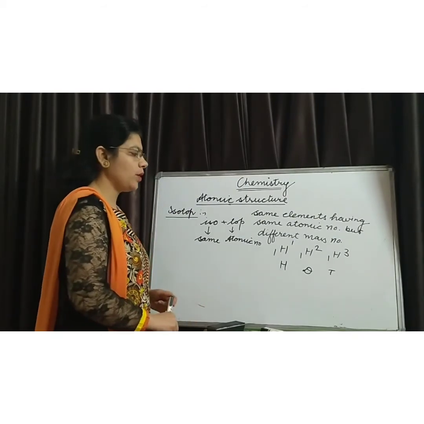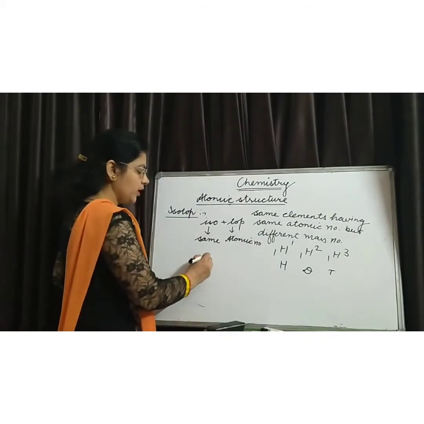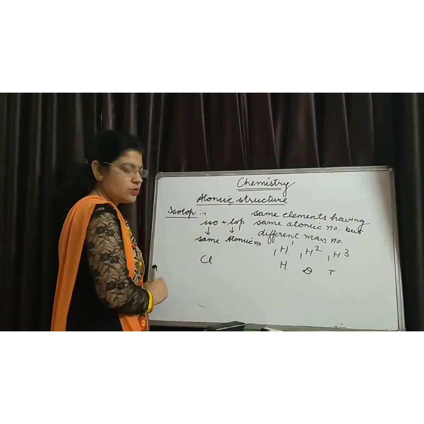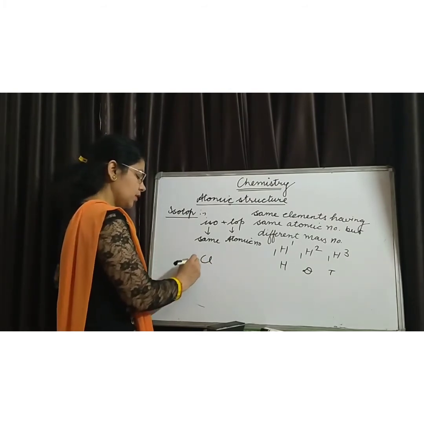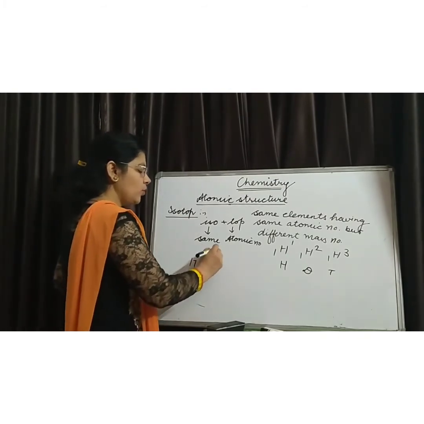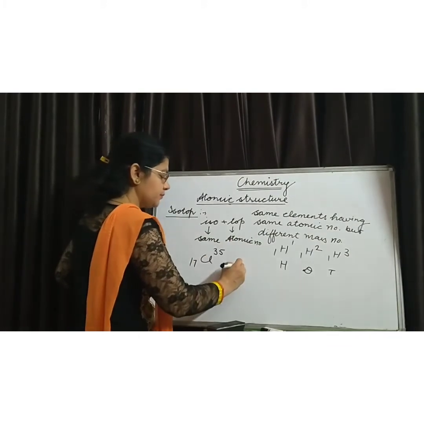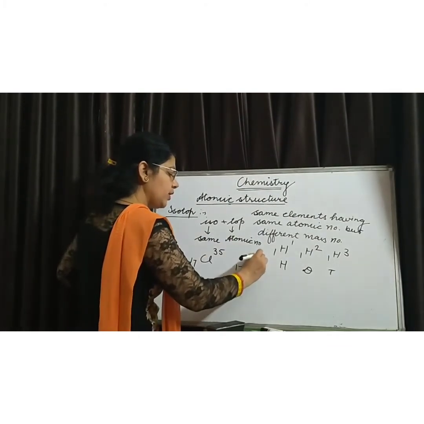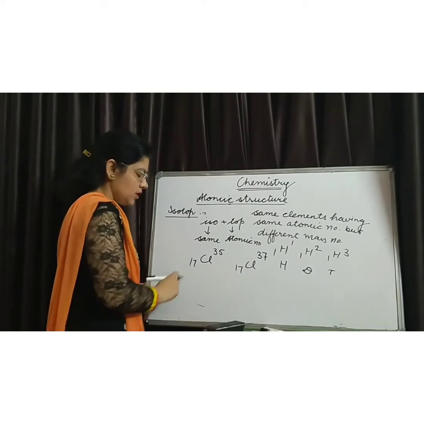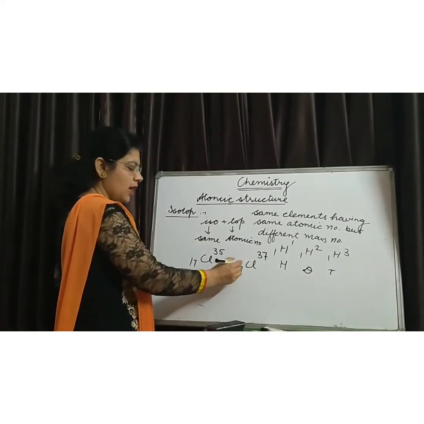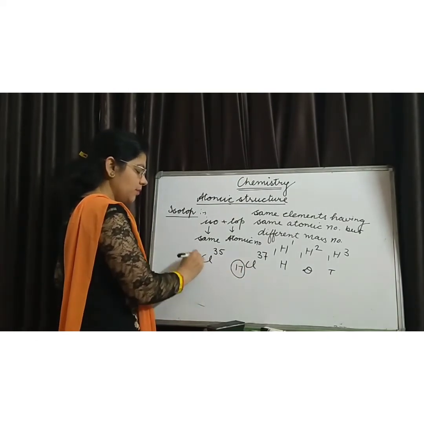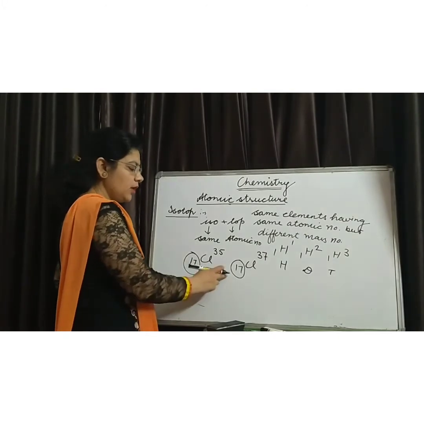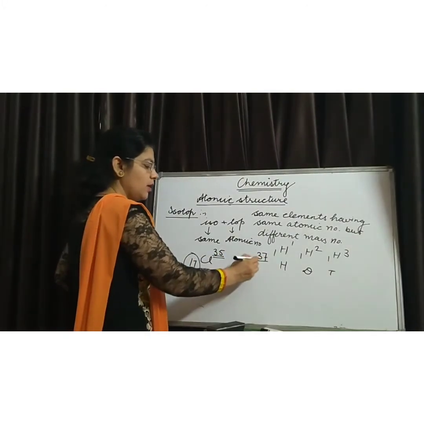Similarly, we can take one more example of the chlorine atom. There are two isotopes of chlorine, 17Cl35 and chlorine 37. In both, the atomic number is the same, that is 17, and the mass number is different.